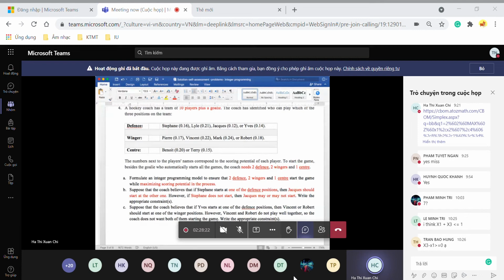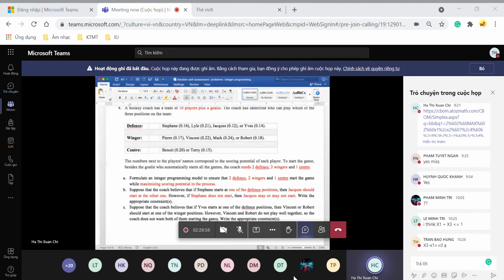So the first if: if x1 is selected, you have x6 minus x7 here is less than 0. So it means if we say yes, two of them or one of them. So here that can be one, right?